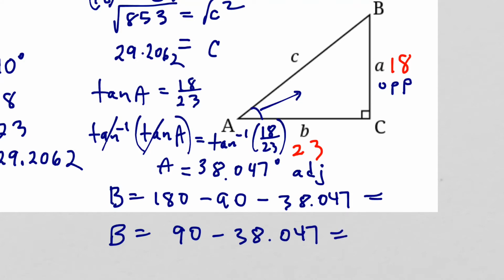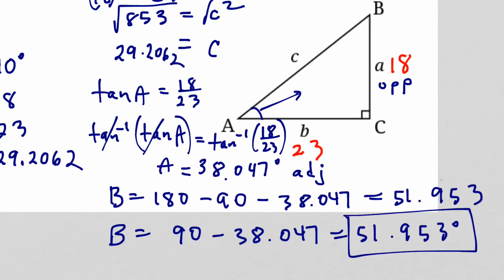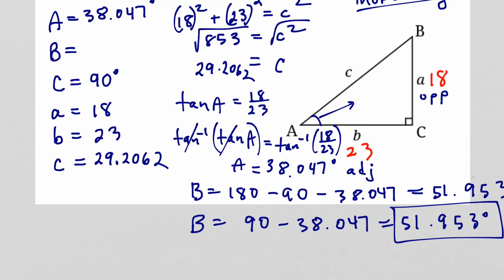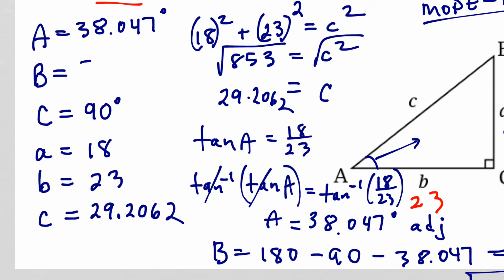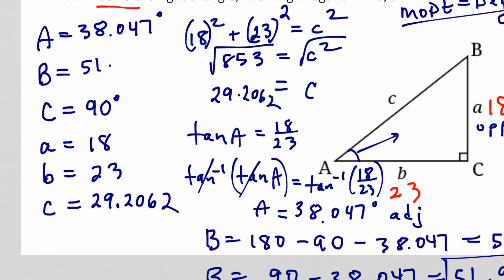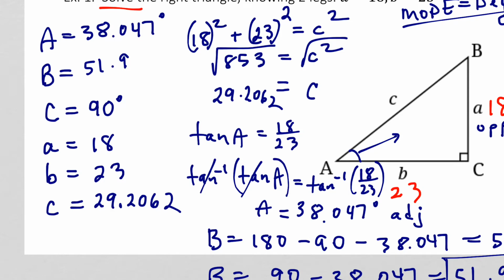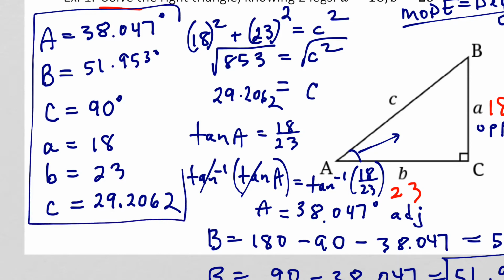And that'll give you your angle. So I'm getting, on my calculator, 51.953 degrees. All right, so now we have everything. We've solved our right triangle. We have all 6 pieces of information.